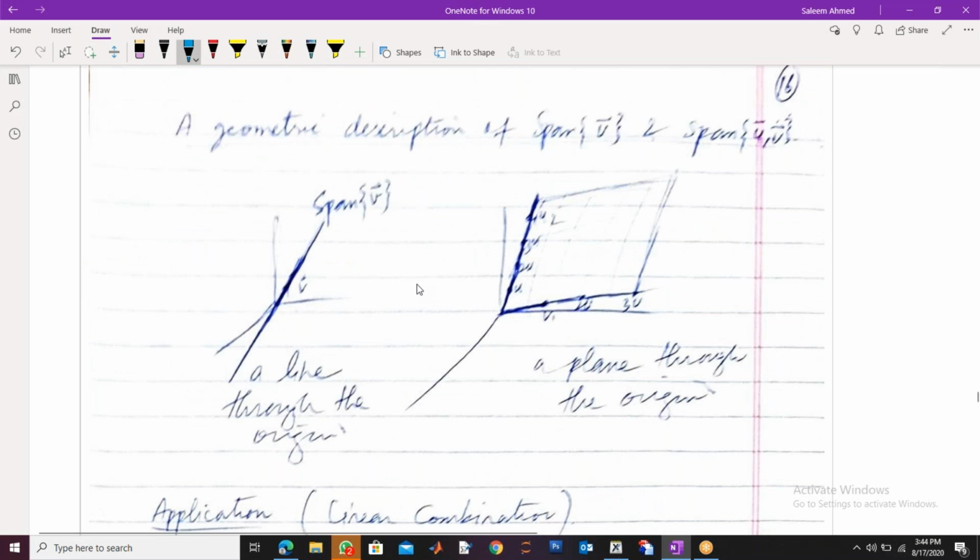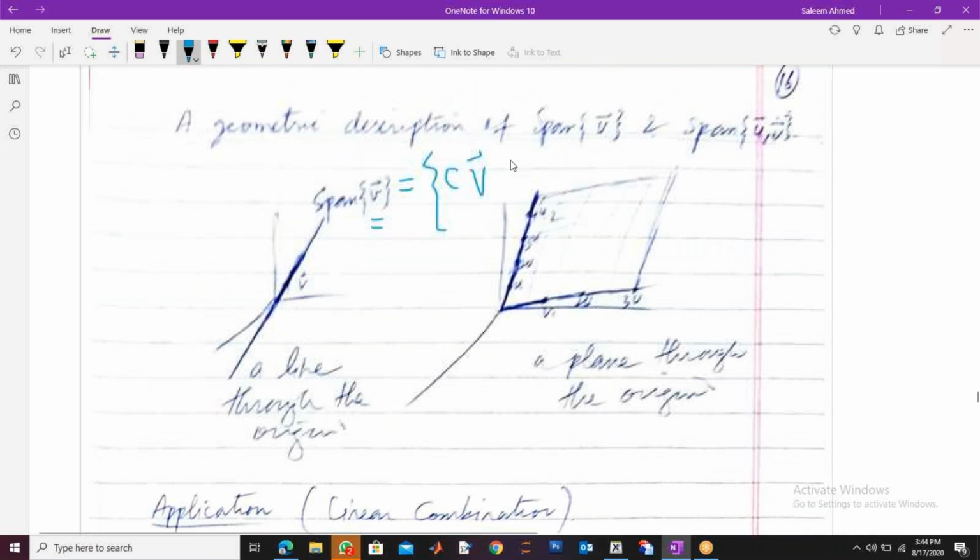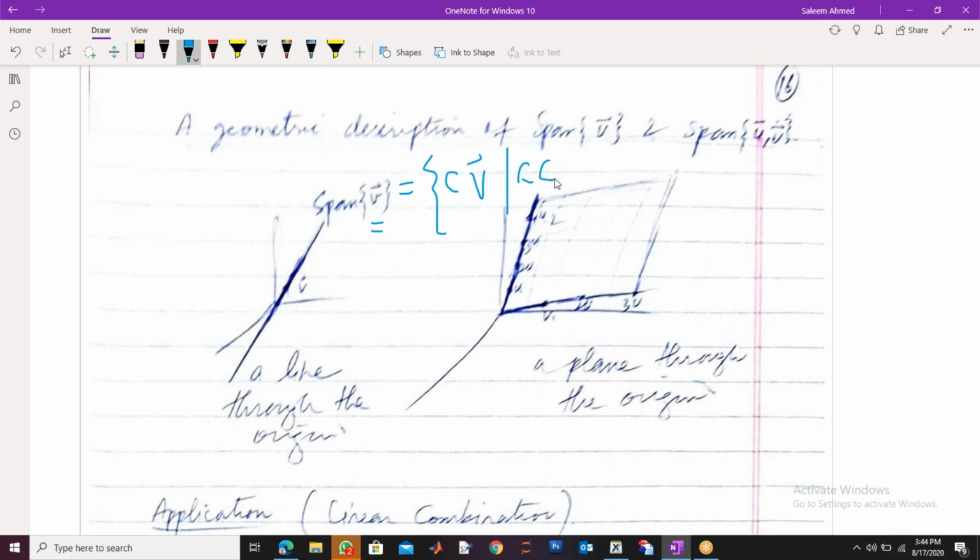So how can I see this geometrically if you are writing a span of V? What is a span of V? Span of V is a set which is generated by only one vector v. So I can keep multiplying numbers with this vector, CV, because there is only one vector.